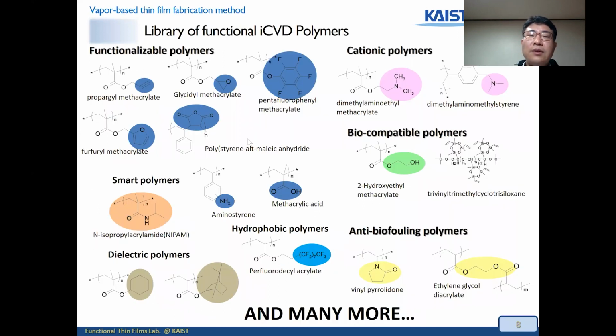Most of all, iCVD can synthesize various kinds of polymeric films, like epoxy polymers, polymeric acids, polymeric bases, fluoroalkyl polymers, which are very hydrophobic, cationic polymers, hydrogel polymers, organosilicon polymers, and so forth.